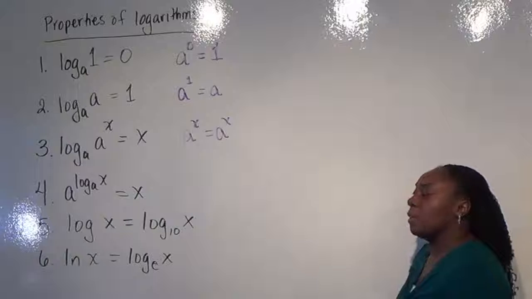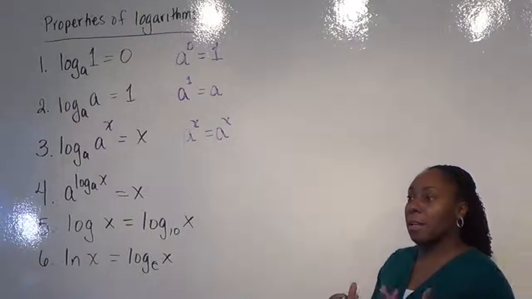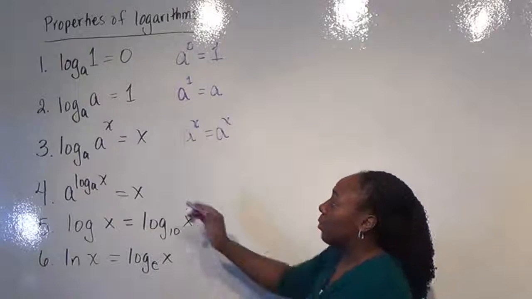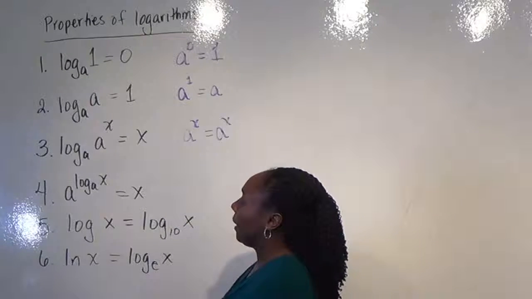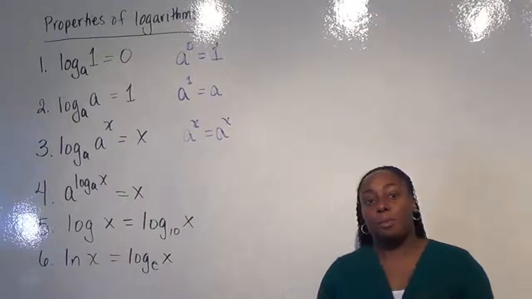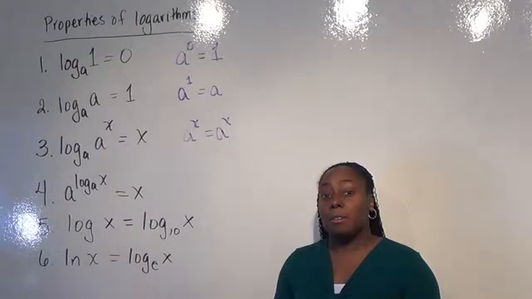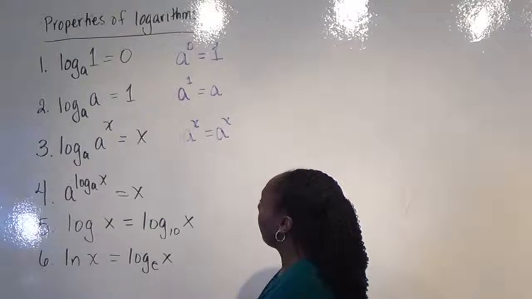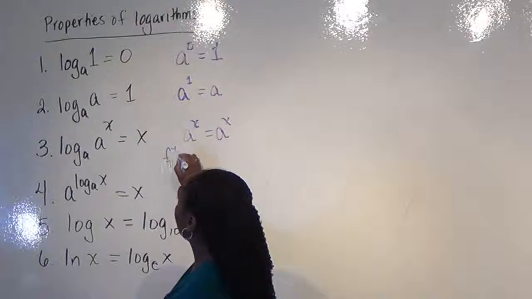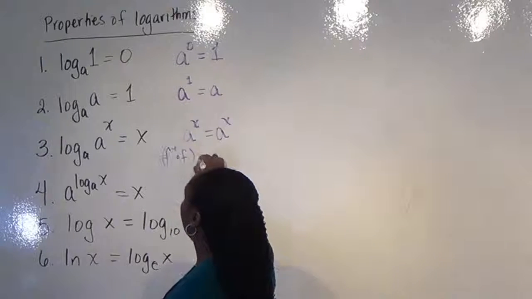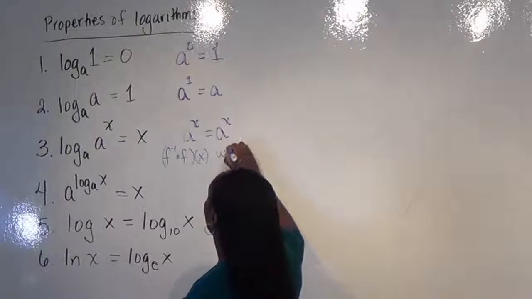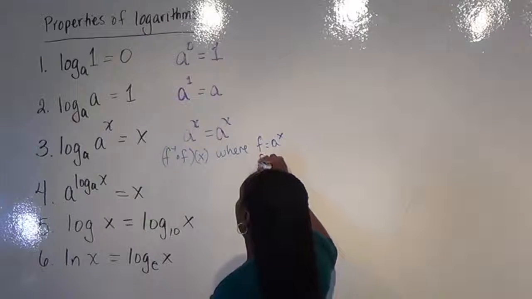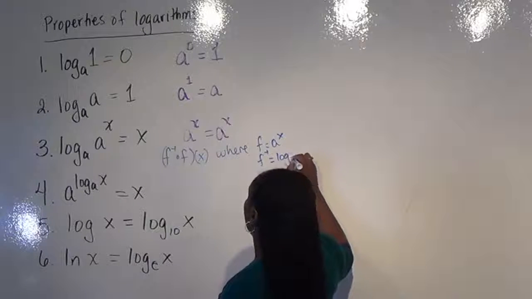Number 4 looks at the inverse of this. So again, you have to remember that logarithms and exponents are inverses of each other. And so number 3 is basically saying, if f is my exponential and f inverse is my logarithm, this is basically f inverse composed with f of x, where f equals a to the x and f inverse equals log base a of x.